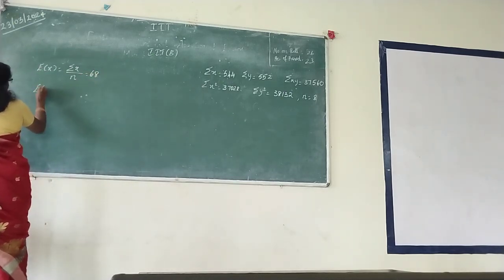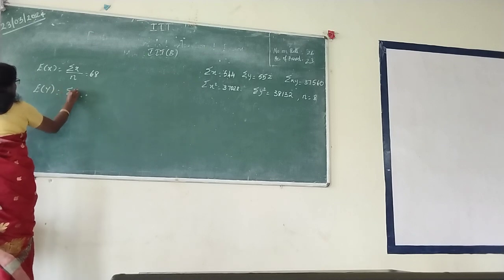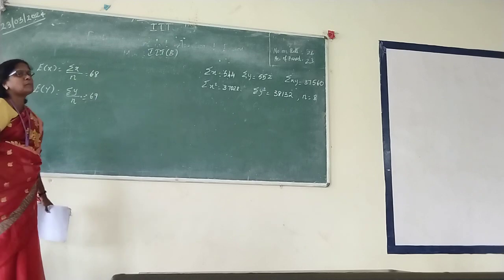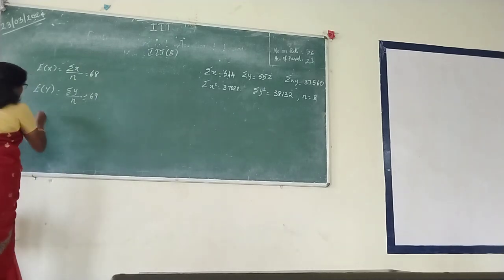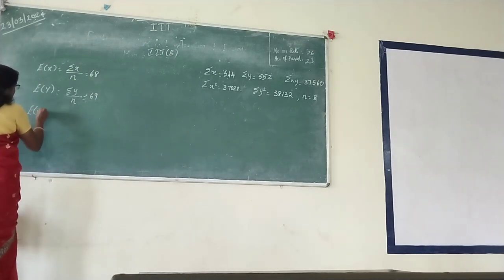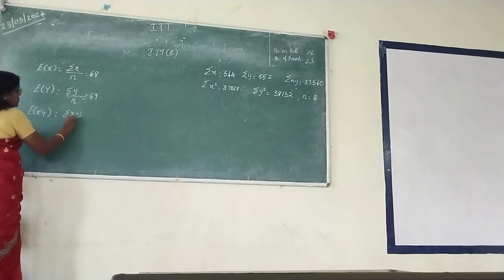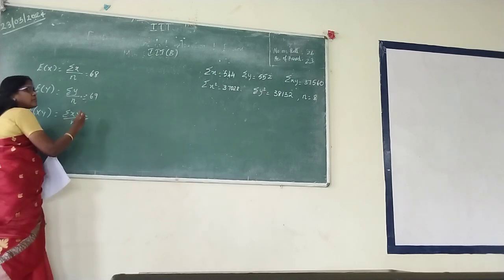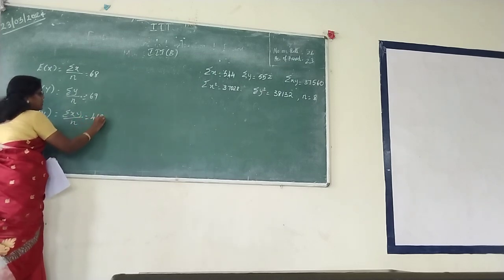Then E of y, summation of y by n. What is the answer? 552 by 8, that is 69. Then E of xy, summation of xy by n. Answer? 4695.